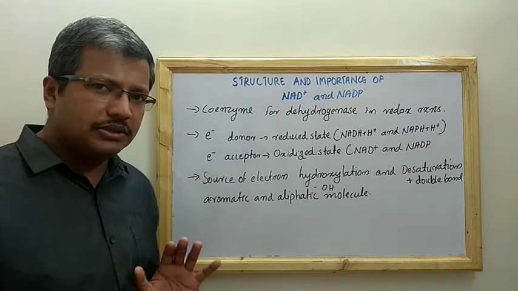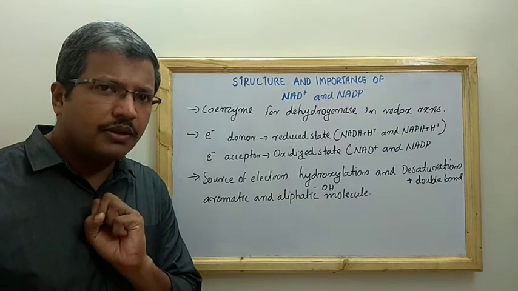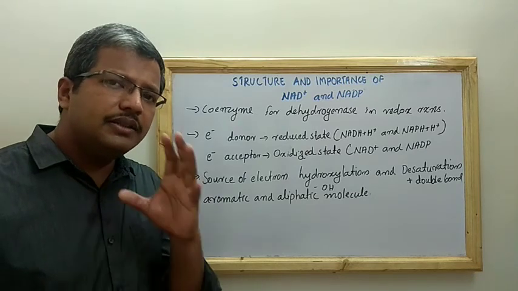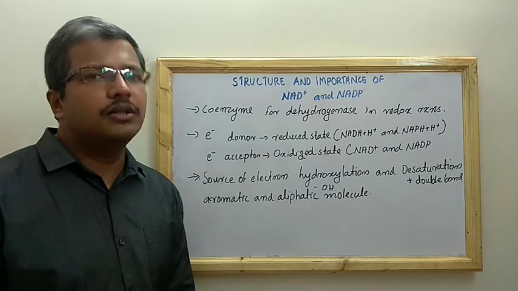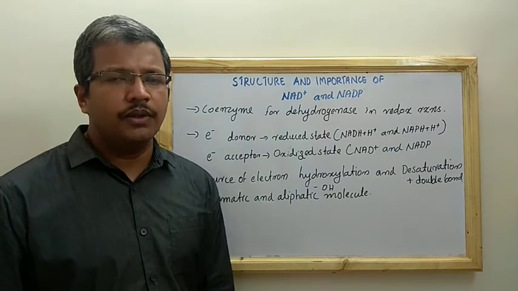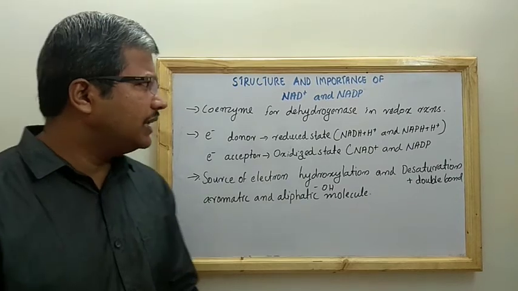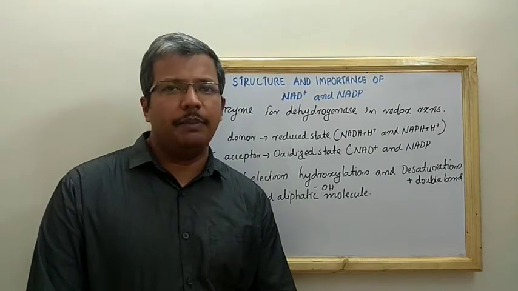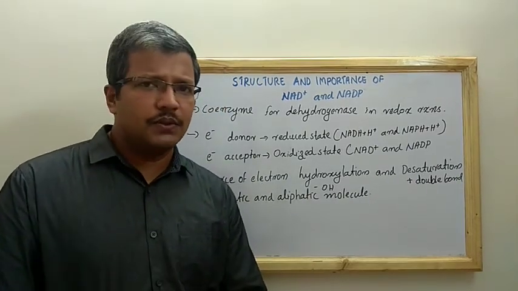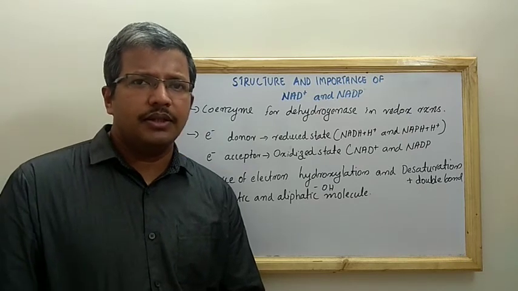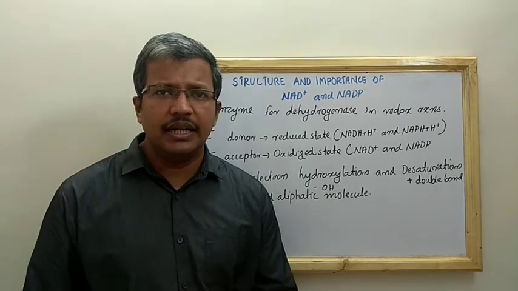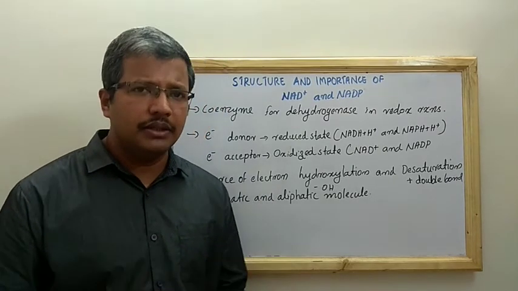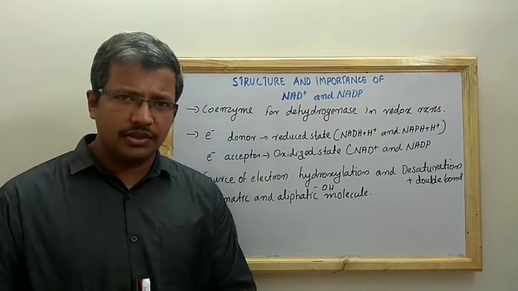Third, it acts as a source of electrons for hydroxylation and desaturation of aromatic and aliphatic compounds. Hope you understood the concept. Make sure you learn in the proper way by revising, and make sure you have learned it before you step into the next topic.